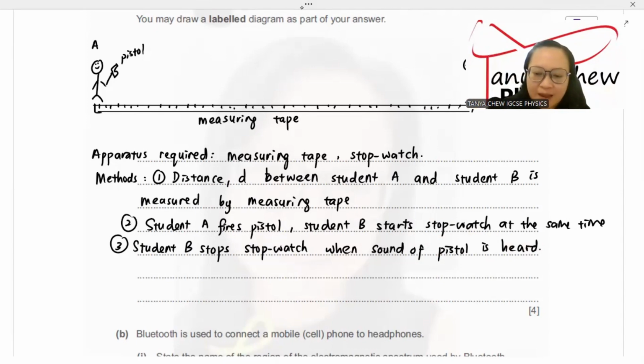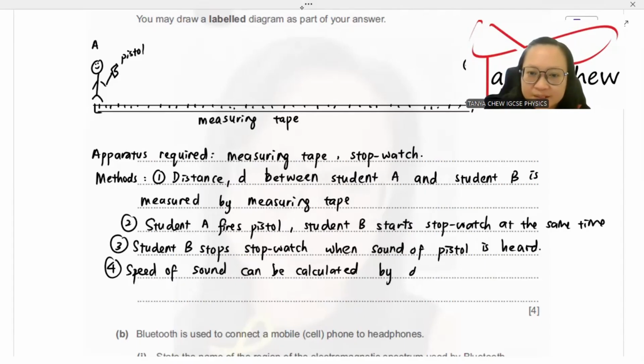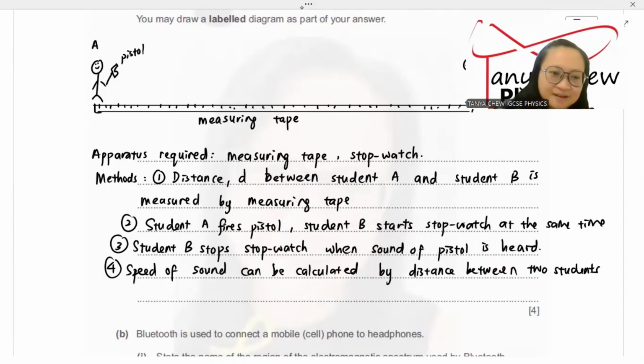And then after that, speed of sound can be calculated by distance between the two students divided by time taken, measured by the stopwatch.